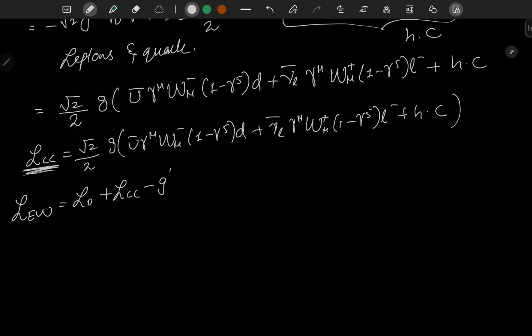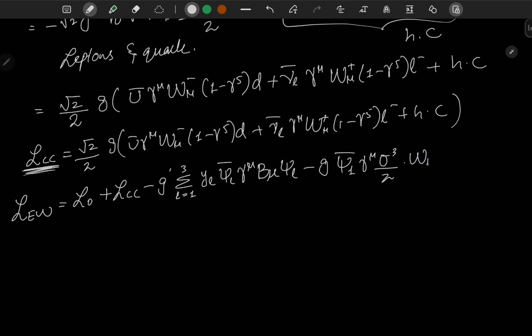Then I have the left-hand part, which corresponds to the neutral current: Y_L psi bar L gamma mu P mu psi L minus g psi 1 bar gamma mu sigma 3 over 2 W mu 3 psi 1.